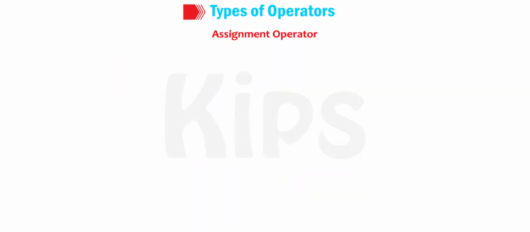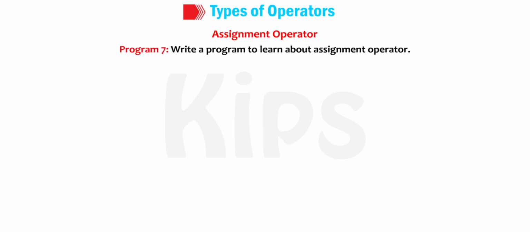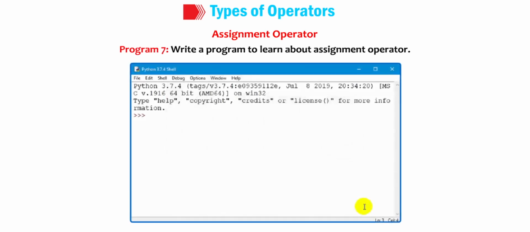Assignment operator. The assignment operator equal to is used to assign a value to a variable. It assigns the value on its right side to the variable written on the left of it. We have used this operator previously in the programs. Program 7. Write a program to learn about assignment operator.